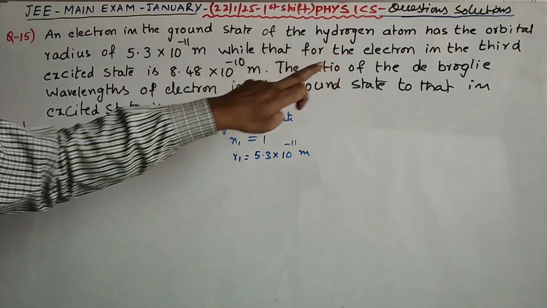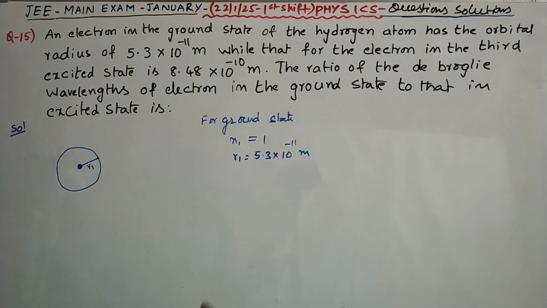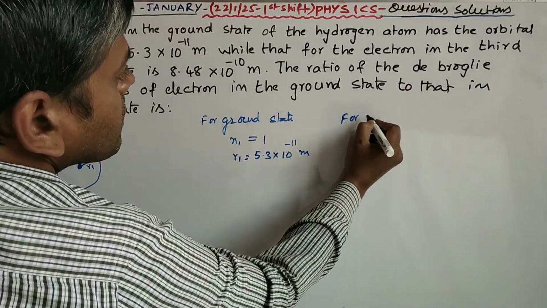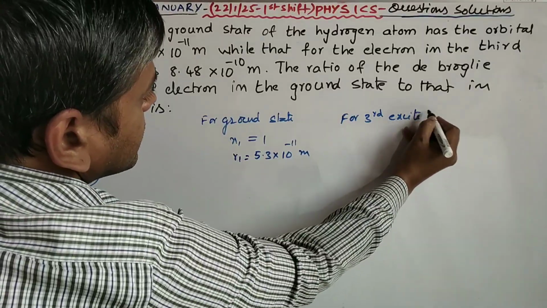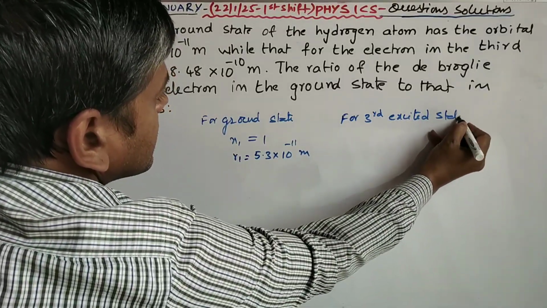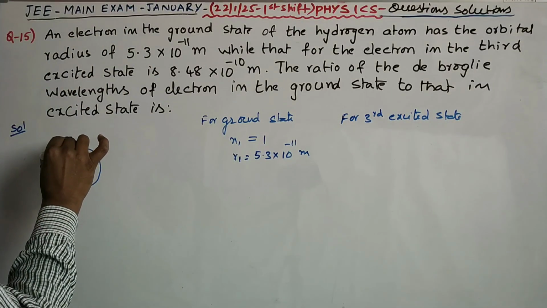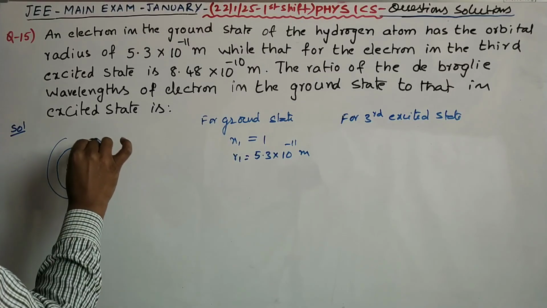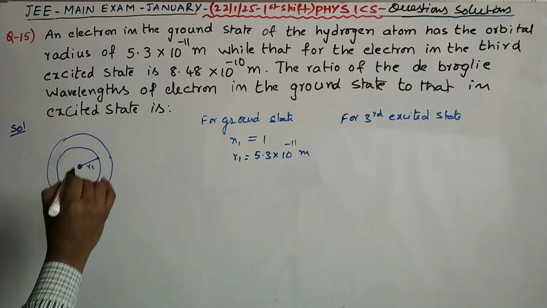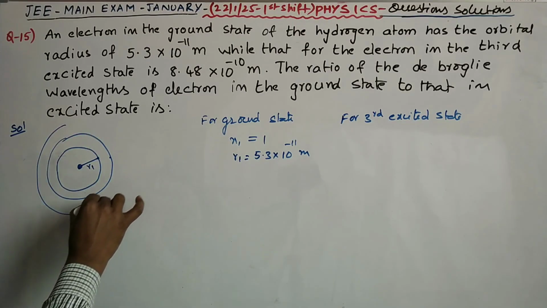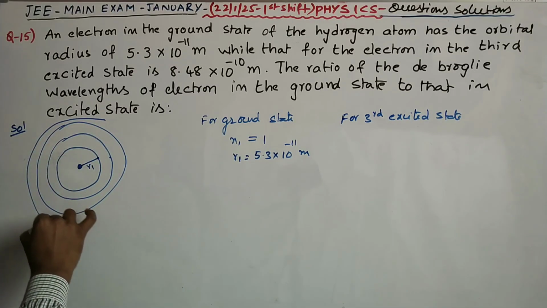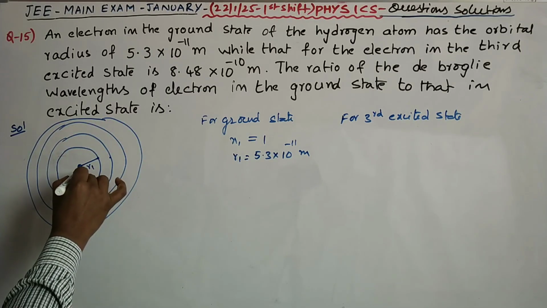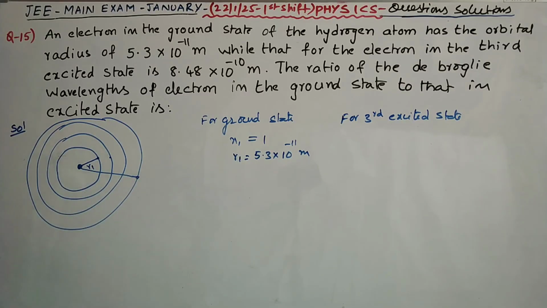While for the electron in the third excited state, you know what the third excited state is? When the electron is in the second orbit, that is called the first excited state. The electron in the third orbit is called the second excited state, while the electron in the fourth orbit is called the third excited state.